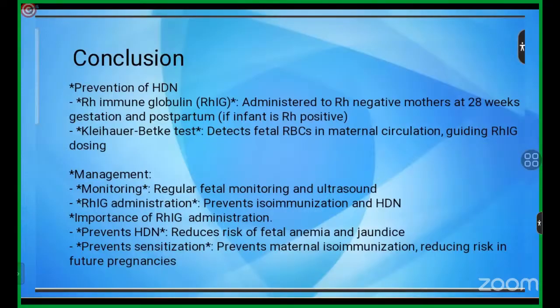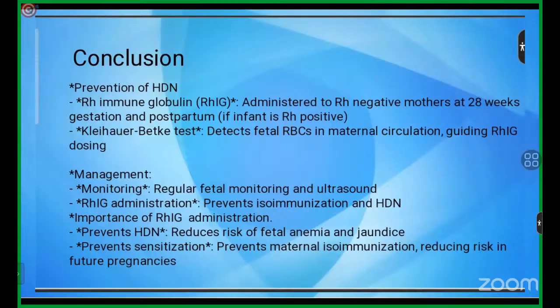And again, we have to be aware of the status of Rh immunoglobulin immunization. Another thing to consider is that the infant has to be Rh positive. We can find this out by knowing the Rh status of the father, because that's where the inheritance comes from.